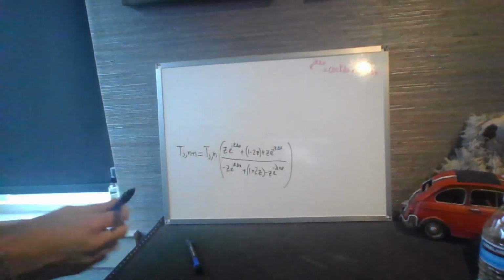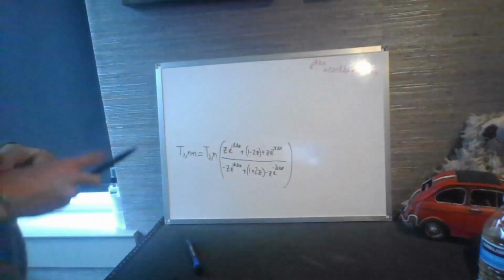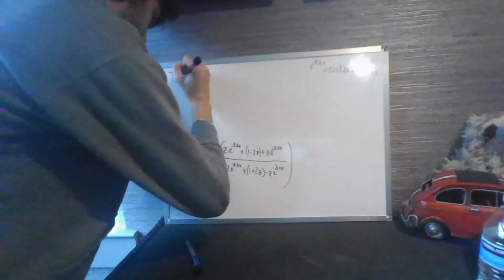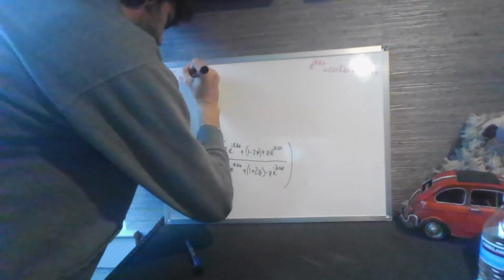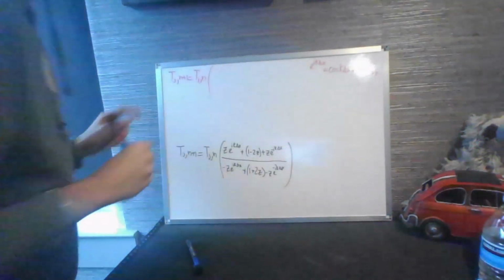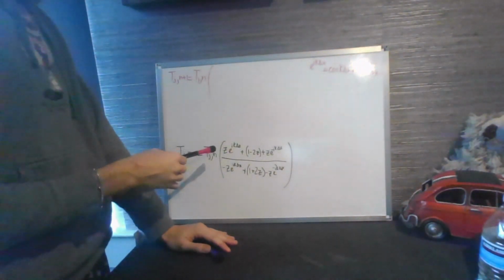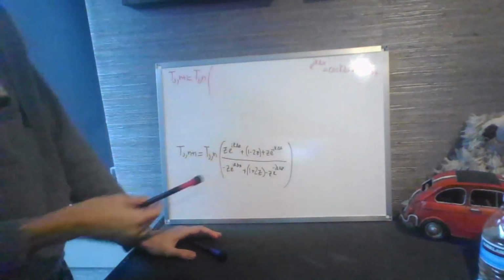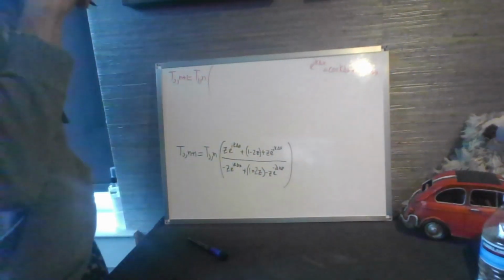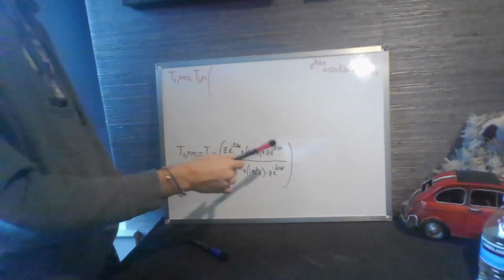So with that being said, let's go ahead and integrate that for the exponentials here and try to simplify it one step at a time. So of course we still have T_j^(n+1) equal to T_j^n. Now we just simply want to multiply this out. So for the exponential, we end up with z cosine k delta x plus i sine k delta x. However, you notice we also have a second z, and it's the negative.